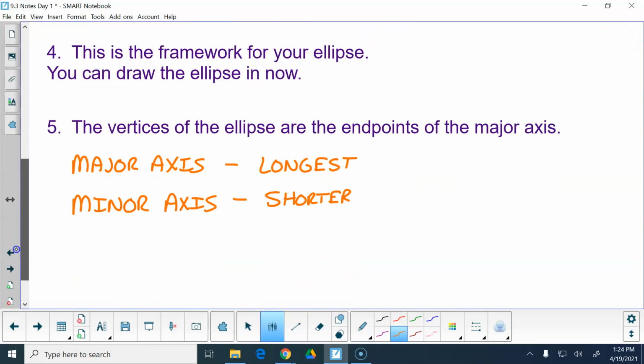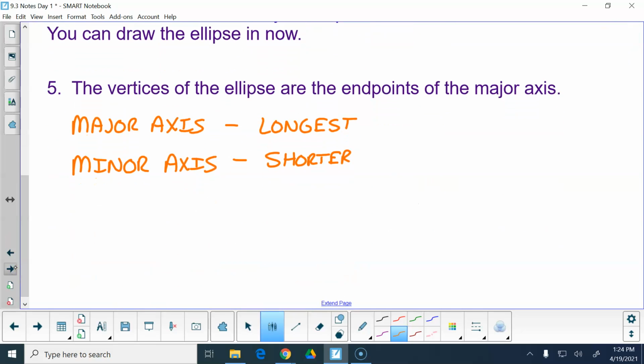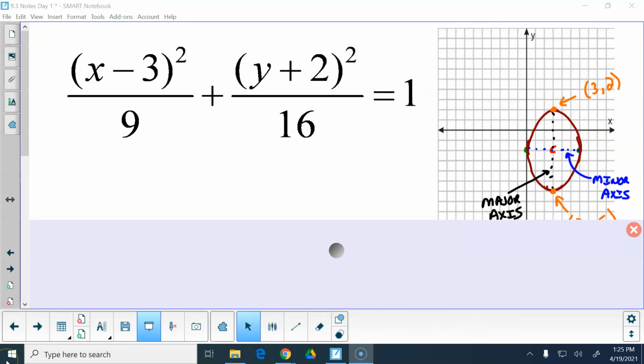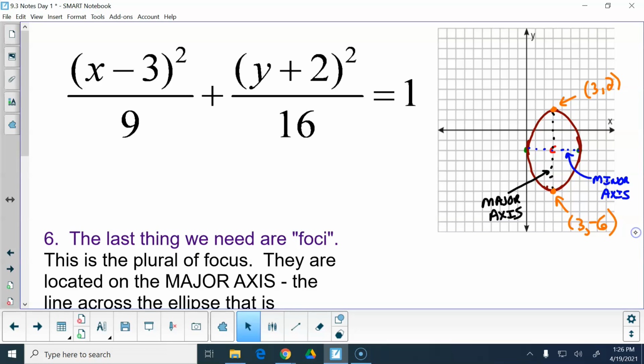And those two are my vertices. Part of what you're going to have to find are the vertices every single time.